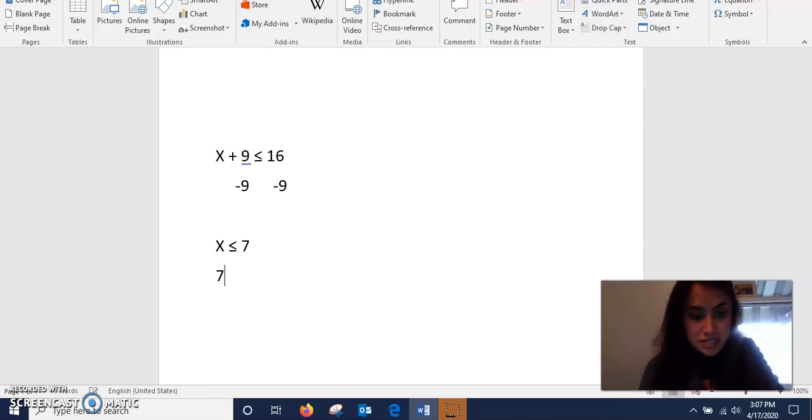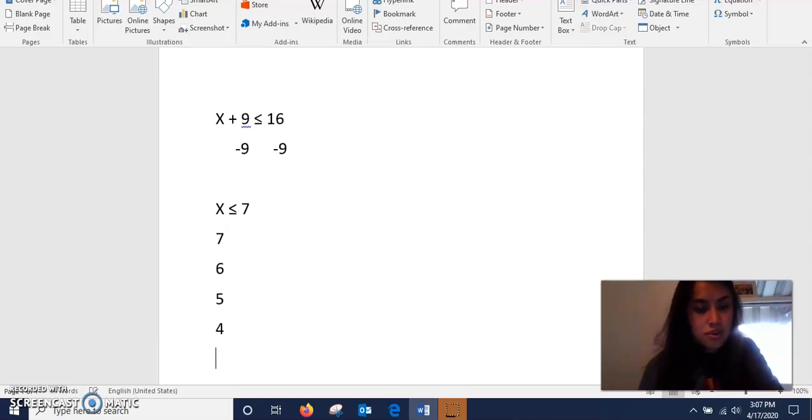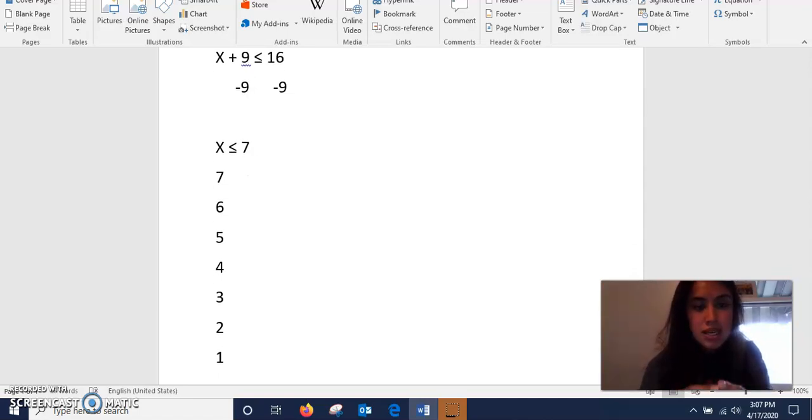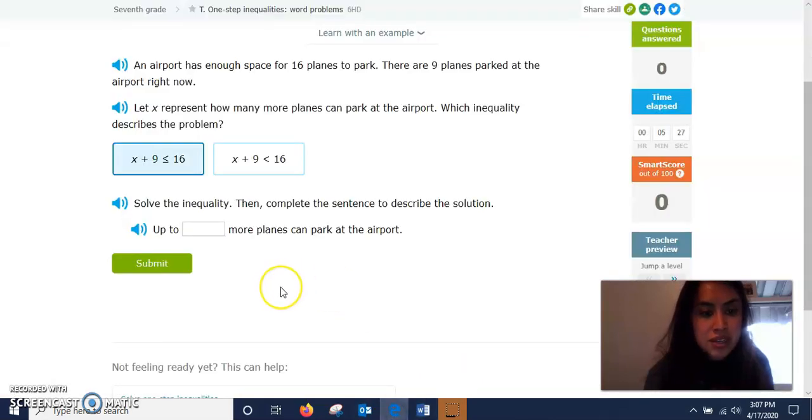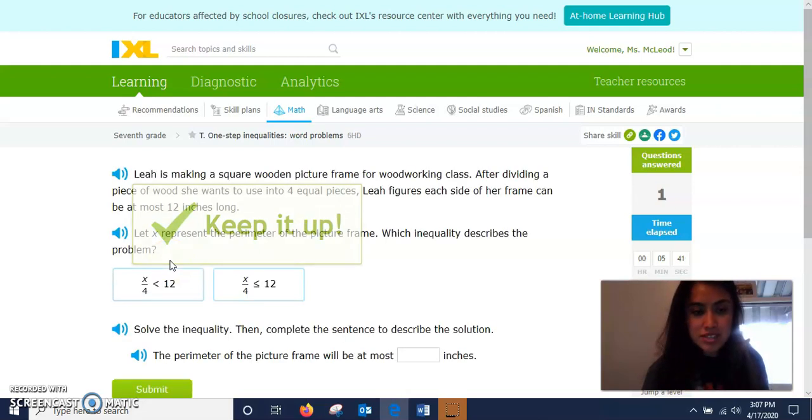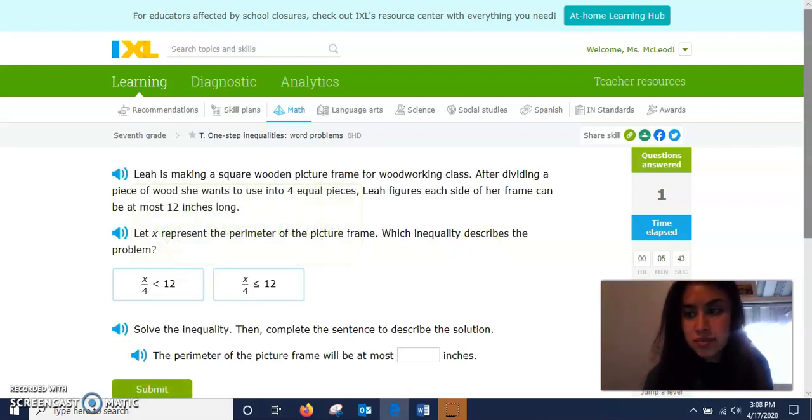So it could be numbers like 7, 6, 5, 4, 3, 2, and 1, because those are numbers less than 7. So I'm going to have that in mind when going back here. It says solve the inequality, then complete the sentence to describe the solution. Up to, which is the highest number, 7 more planes can park at the airport. Submit. Perfect. So let's go to the next one.